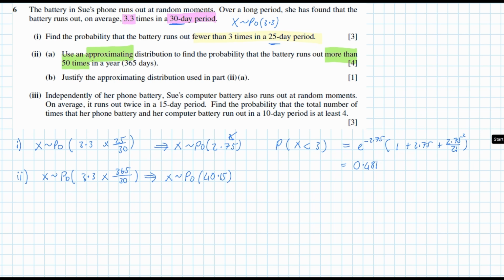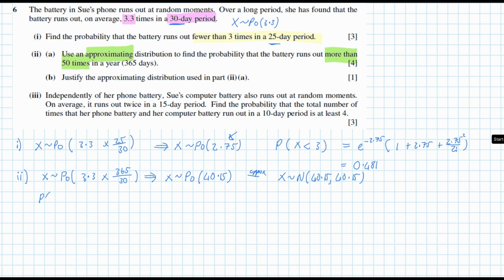Now, we can say this is approximately normal, with 40.15 for the mean and obviously 40.15 for the variance, because remember in Poisson, the variance and the mean are the same. So we're going to approximate it with this.